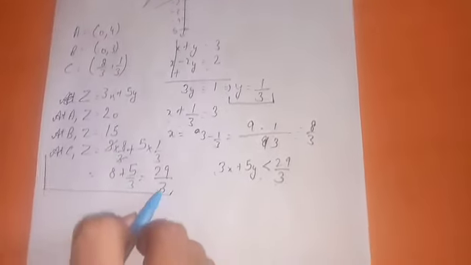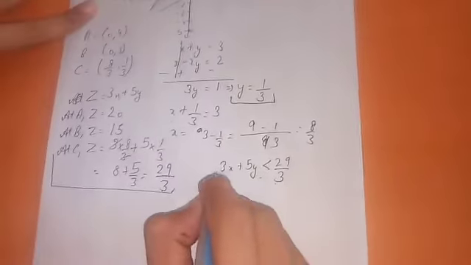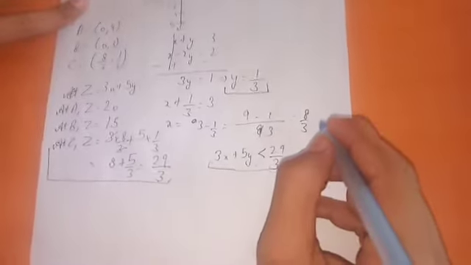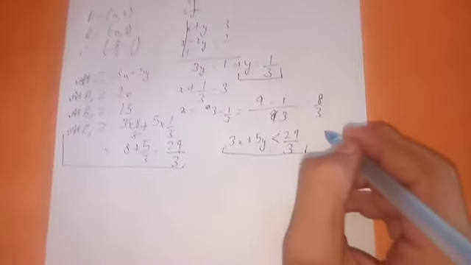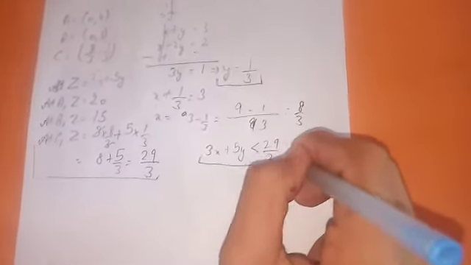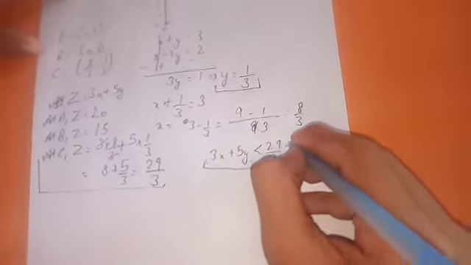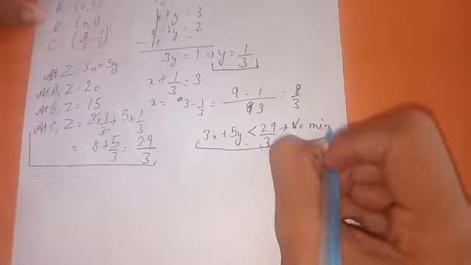Z value is 29 by 3, and to check whether it is minimum, we are drawing this. Okay, if any of the values in feasible region will have value less than this, then this graph will have no minimum value.